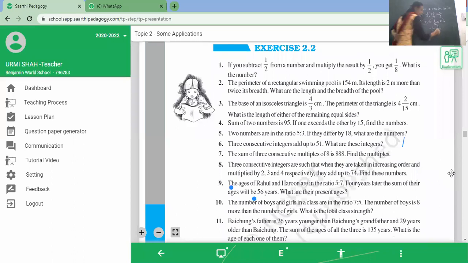Yes, ma'am. So now take the LCM. LCM would be 4 only. Here we multiply 4 by 1 is 4, and here 2 times 2 is 4.